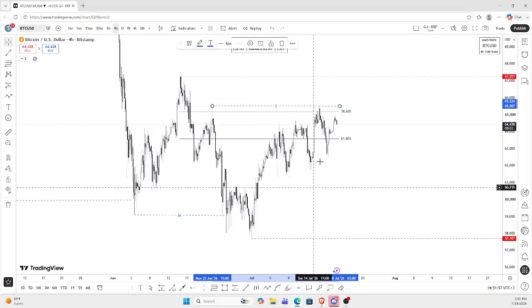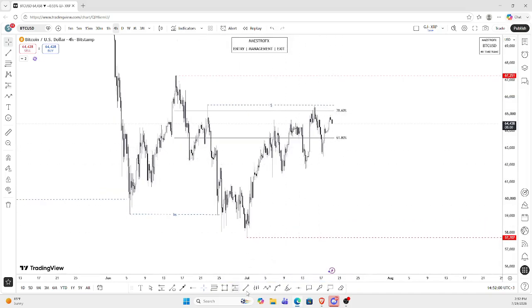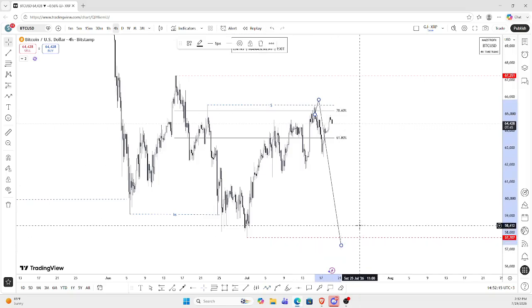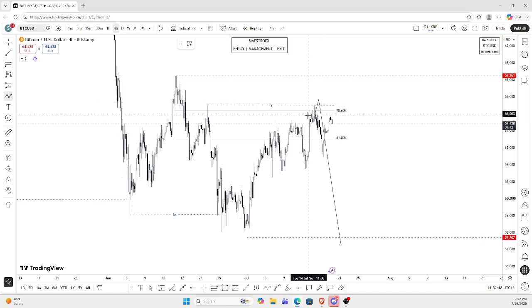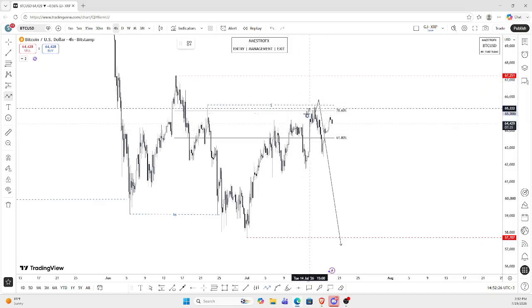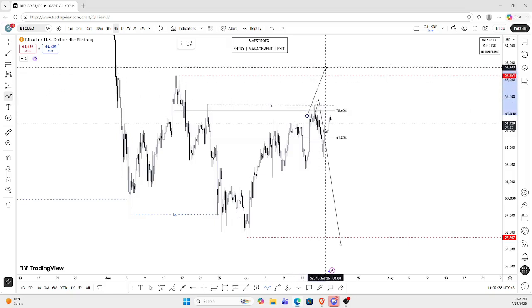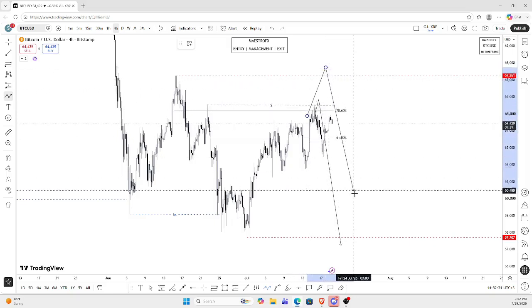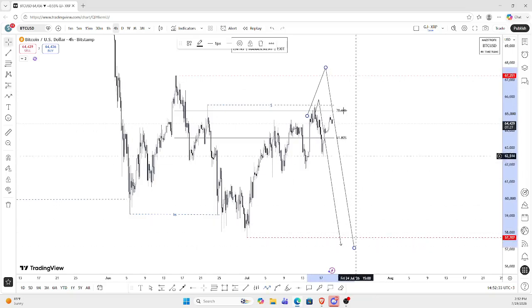I think we've already taken that liquidity, so we can have a continuation to the downside from there, or, because we can see that we have been inducing a lot of sellers here, we can take those early sellers and induce them all before we push lower.